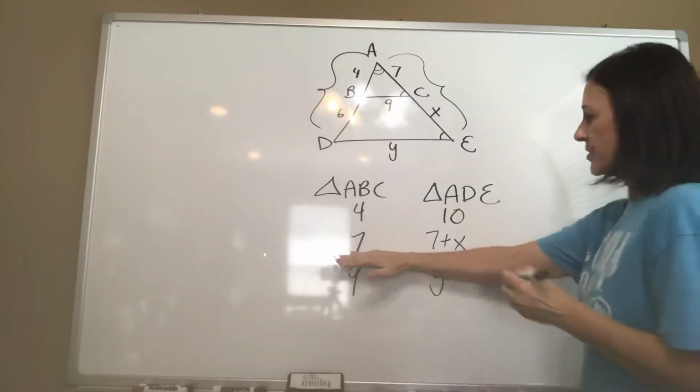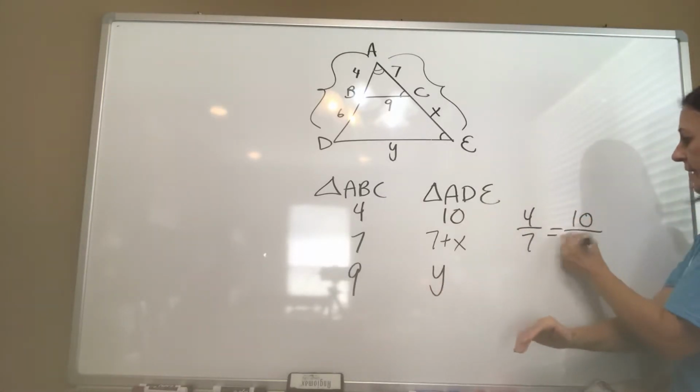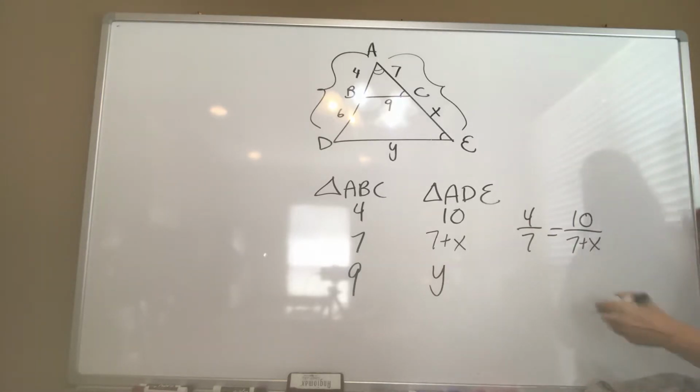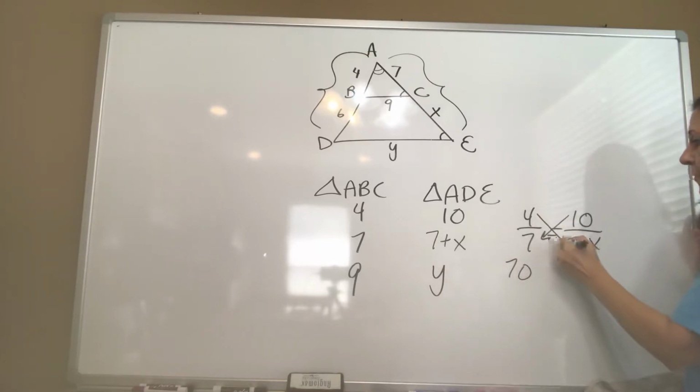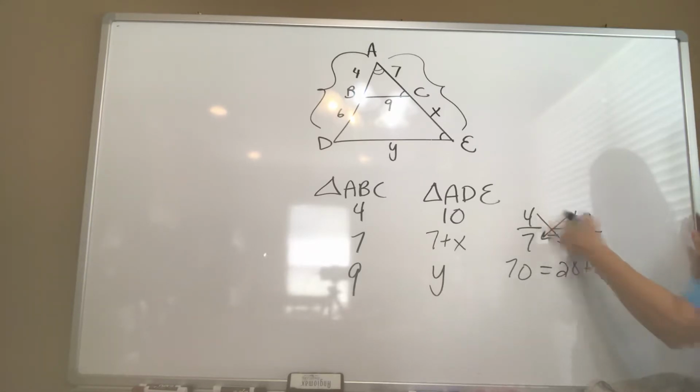All right, we're going to use ratios. So I can say 4 over 7 equals 10 over 7 plus x. And I can cross multiply. That's 70. Remembering that when I'm multiplying 4 by both the 7, which is 28, and the x, which is 4x.